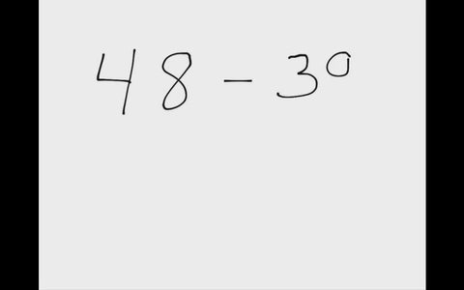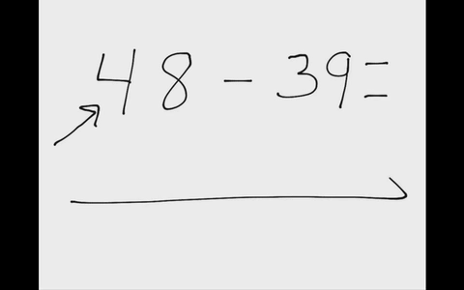But let's try one where you would borrow. How about 48 minus 39? Again, start with the biggest number. Draw your open number line. Place that big number on the number line.